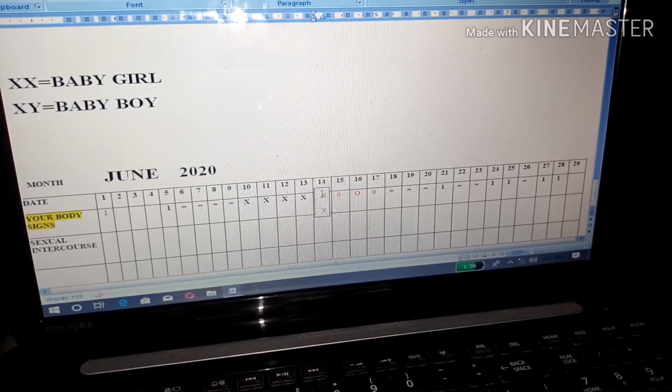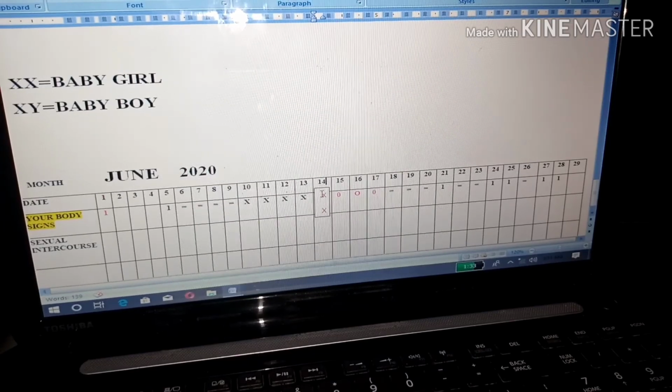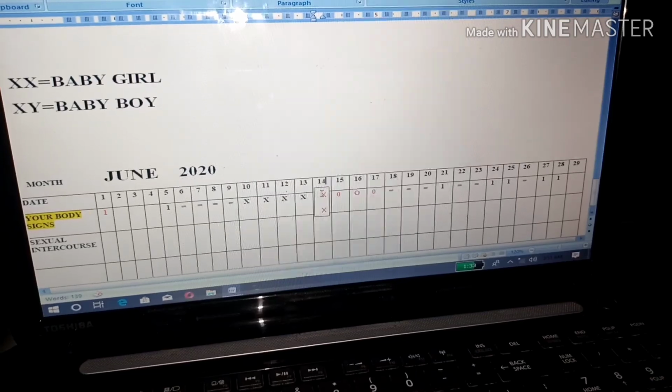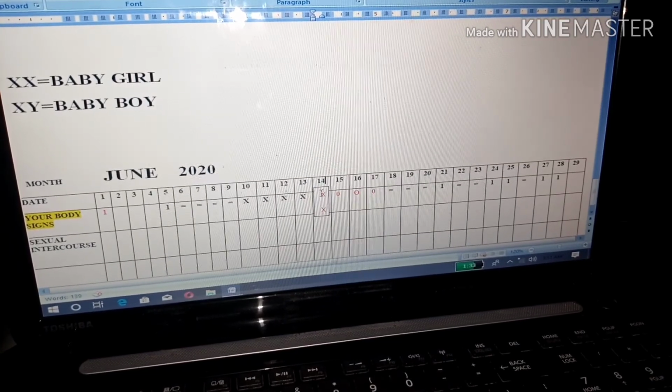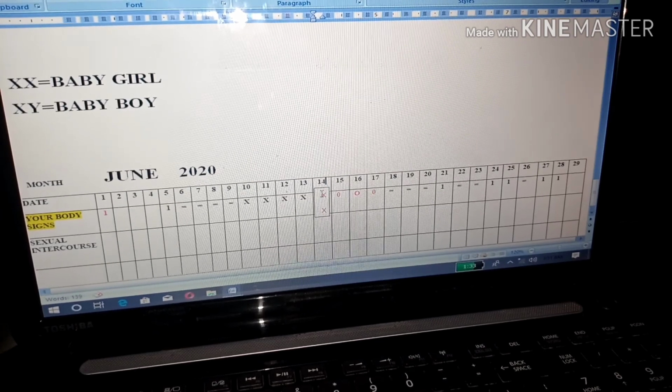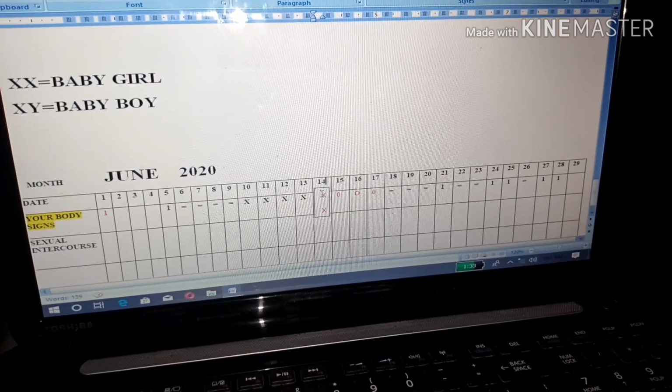Remember, we said that the ovum lasts for 12 to 24 hours, and the sperm with the Y chromosome, which is needed for a baby boy to be formed, they move faster and they don't live for a very long time. Now, if you're having intercourse on the 14th day, that means literally the ovum has already been released and is already waiting for the partner, which is the sperm.